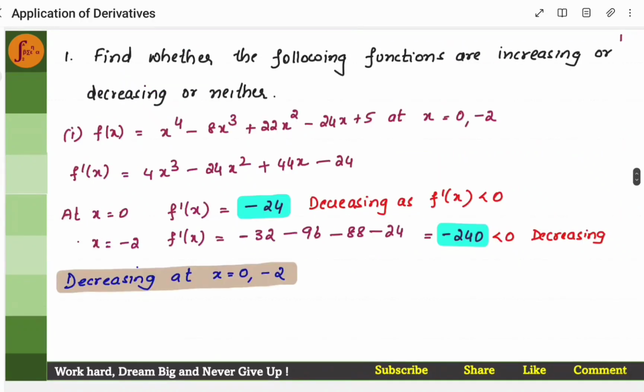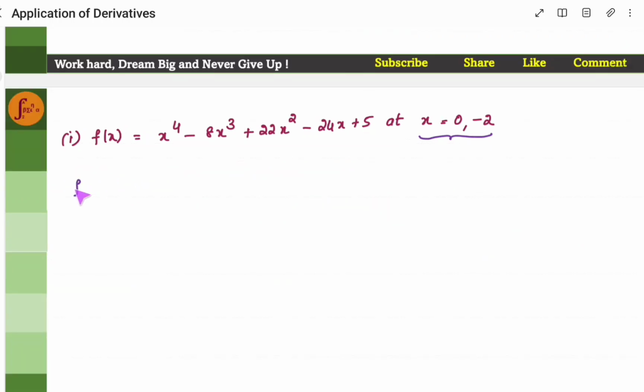Now let's take a few examples. Find whether the following functions are increasing or decreasing or neither. A function is given here, and x values are given here. We need to figure out if this function is increasing or decreasing or neither. So what is the first step? Step 1 is to find the derivative. So what is the derivative here?